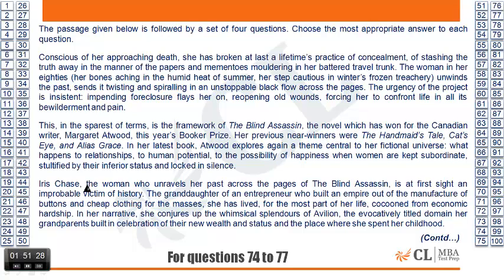The woman in her 80s, her bones aching in the humid heat of summer, her step cautious in winters, unwinds the past. The urgency of the project is insistent. Impending foreclosure flays her on, reopening old wounds, forcing her to confront life in all its bewilderment and pain. It's talking about someone at 80, about to die.